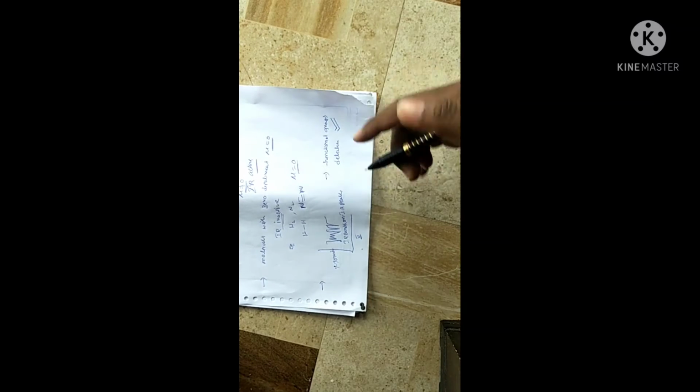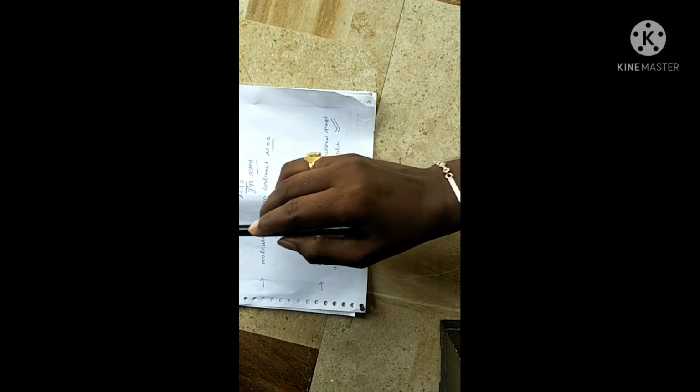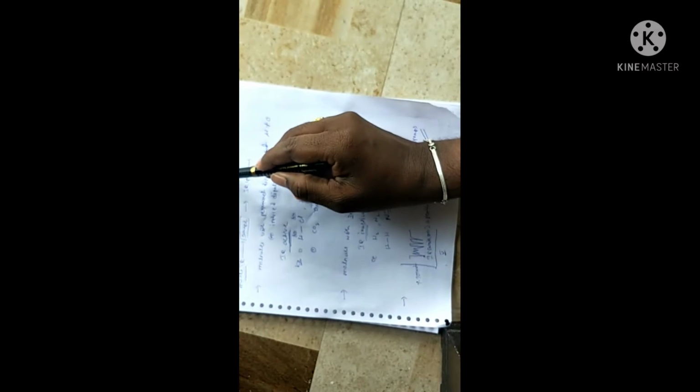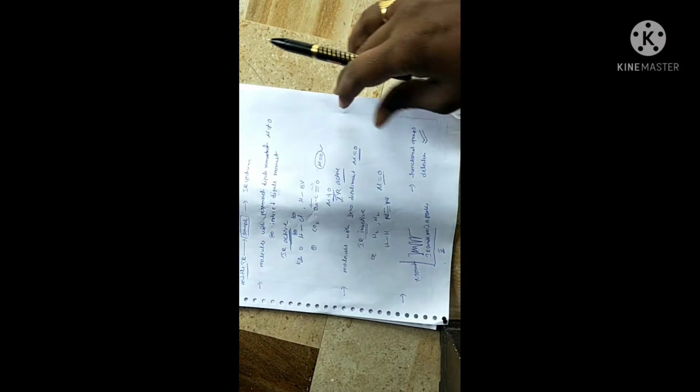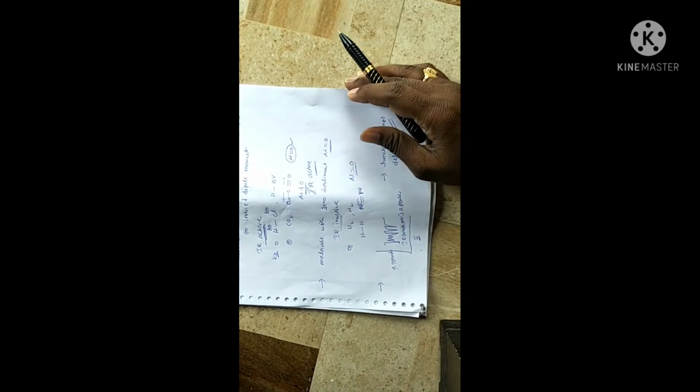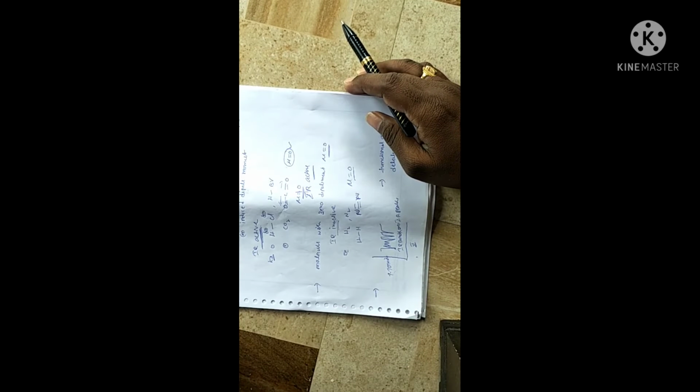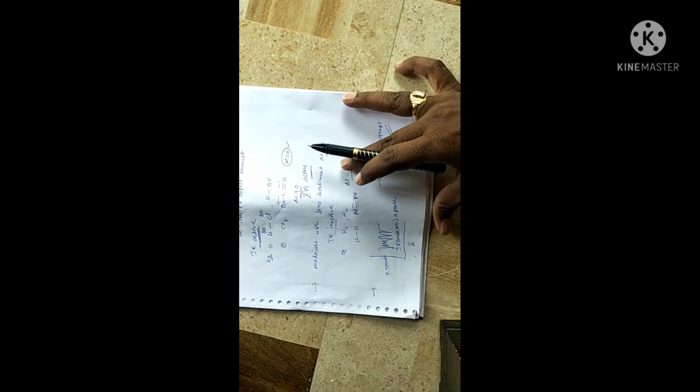Okay, and in this, the total middle IR range is what? Around 600 to 4000 centimeter inverse. That is the middle IR, which is sufficient for the changes in the vibration energy levels.